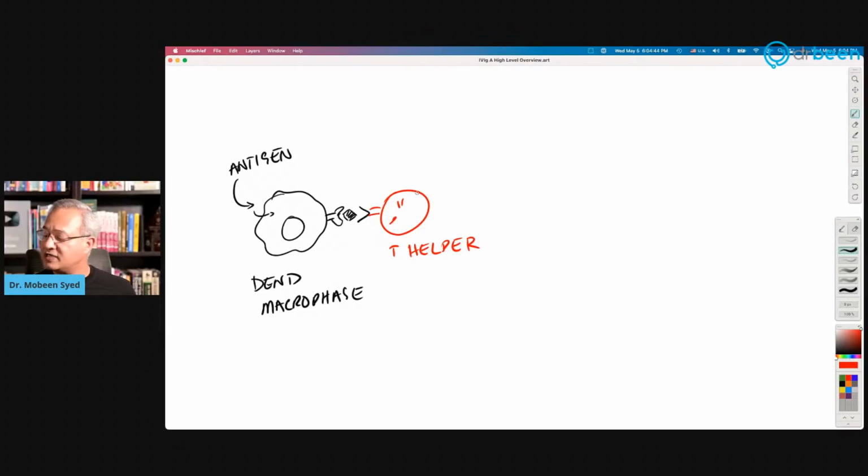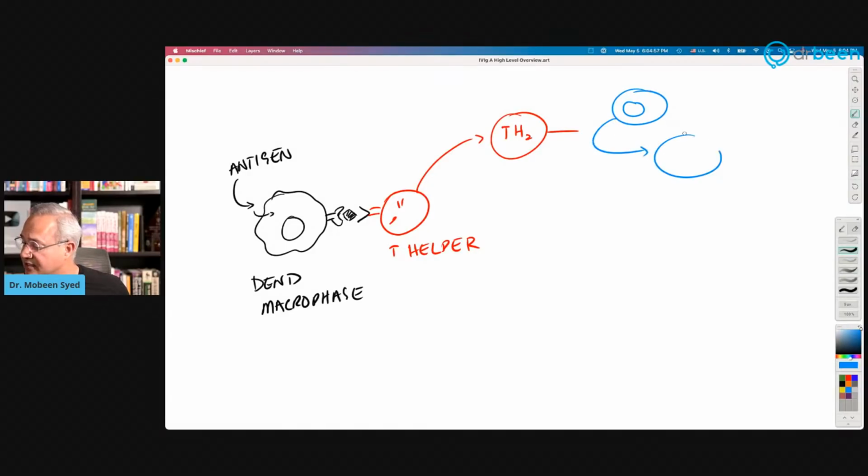It does not matter which pathway is taken. So if, let's say, T helper 2 conversion occurs, so this naive T helper cell becomes T helper 2, and then it causes a B cell to become a plasma cell. And I hope you're okay. I'm going through this fast because I think for the whole year we talked about these things.